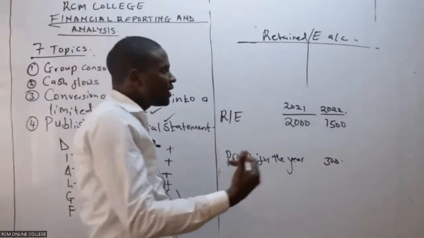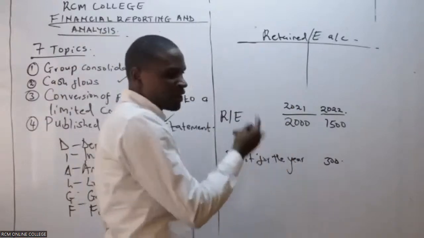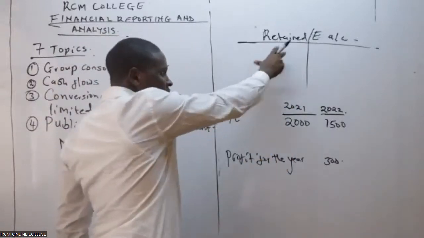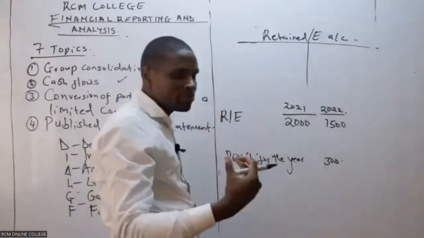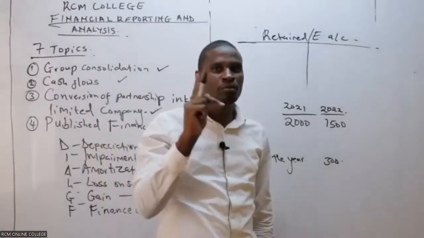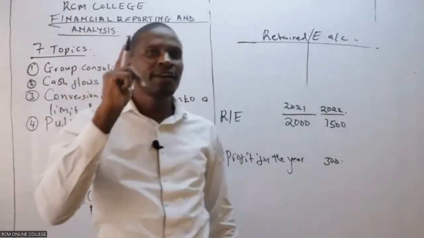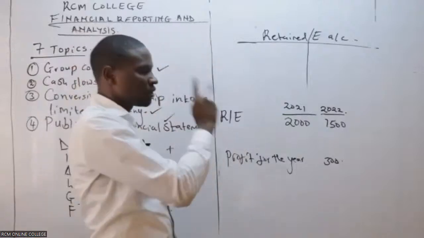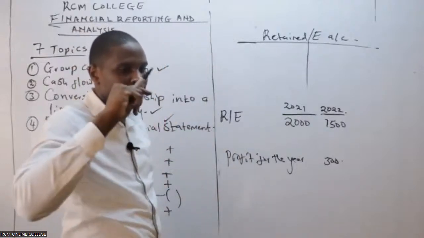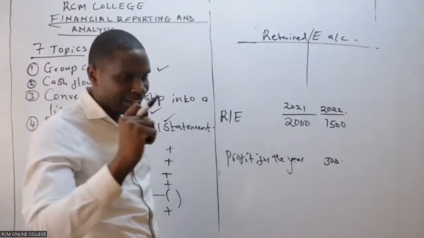Now, to obtain the dividend that was paid, first of all, tell me, retained earning, does it have a debit balance or a credit balance? A very important thing for an accountant to know. Every accountant needs to understand the concept. Does it have debit balance or credit balance?